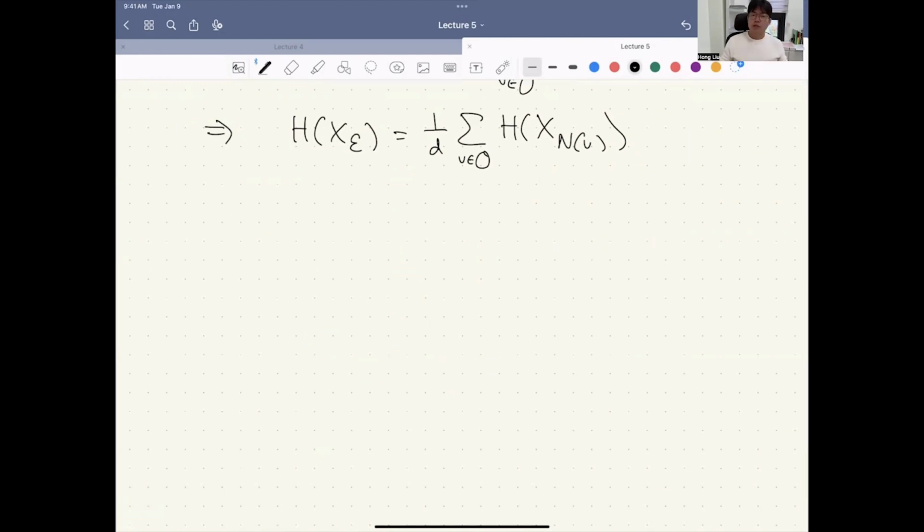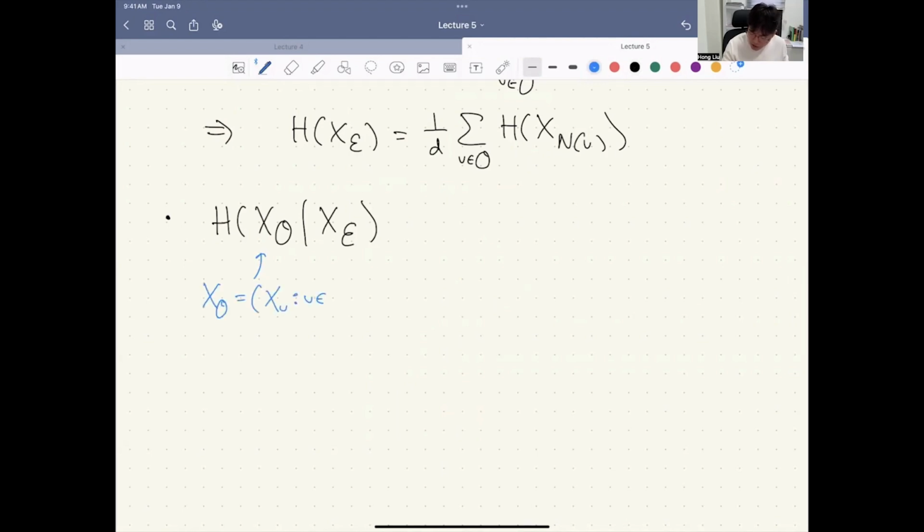Now we need to look at the conditional entropy of the odd side given the even side. Let's first use subadditivity. What does it mean? Recall, this is nothing but X_V, V in O, itself a vector.